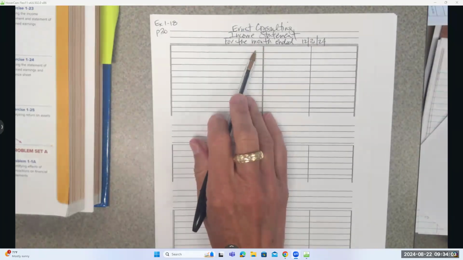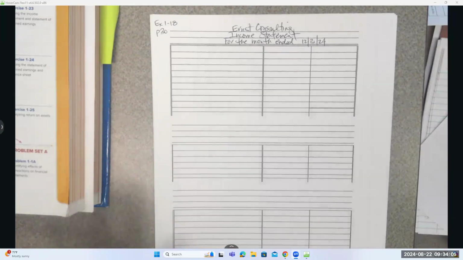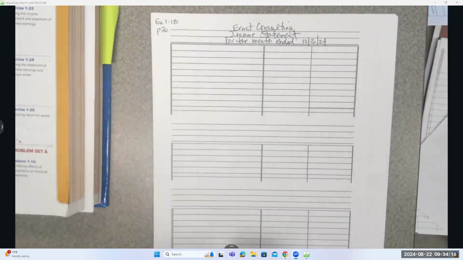The time period will make a huge difference when we are interpreting the statements to say, oh, how did we do? Once we get to these financial statements, these are external reports. So we have to be formal and label everything with dollar signs so that there are no questions.